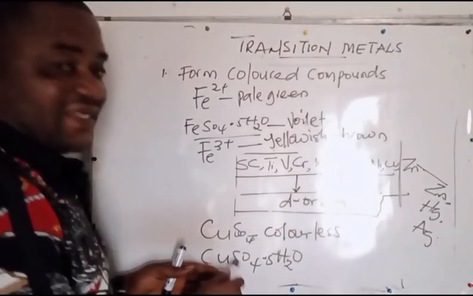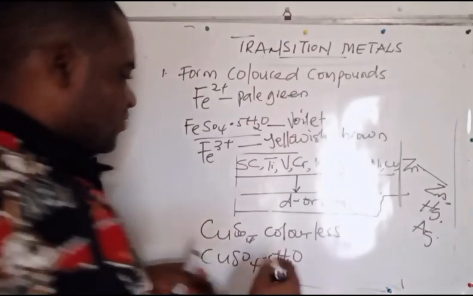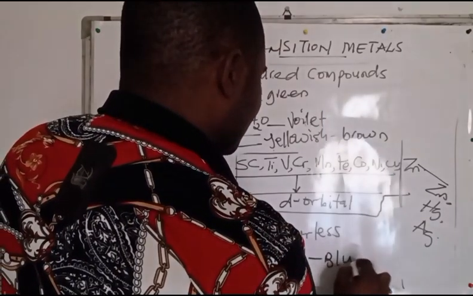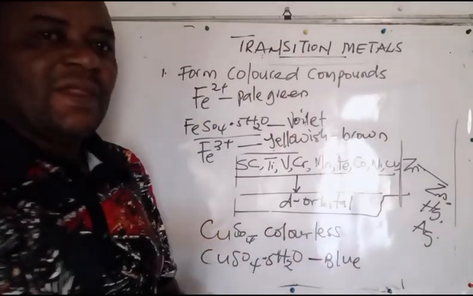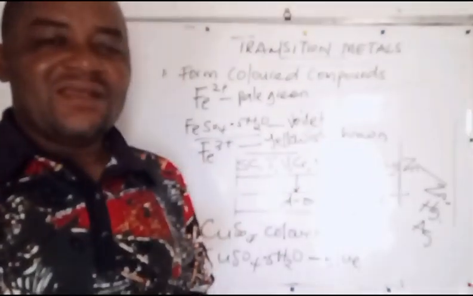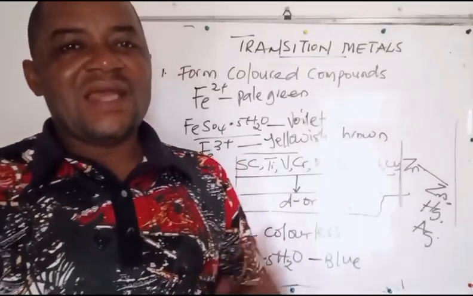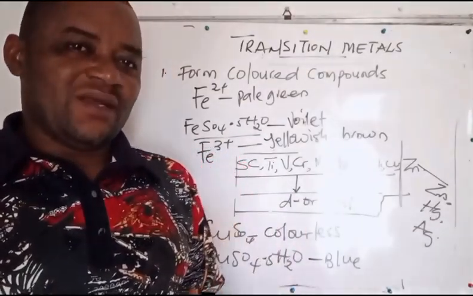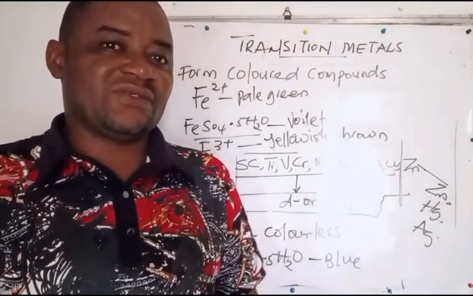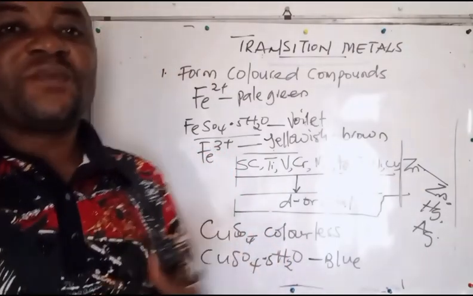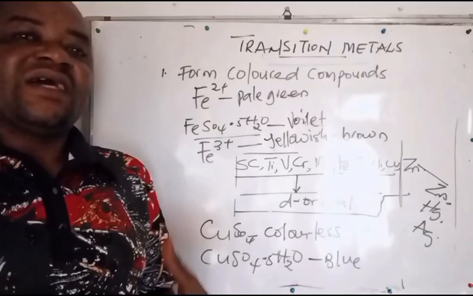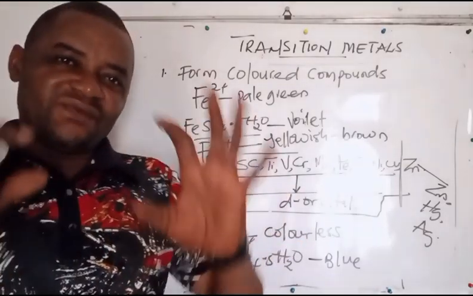If copper sulfate is hydrated, that is, in water, it will give you a blue color. So if you prepare any solution using copper sulfate in water, you will definitely have that solution giving you a beautiful blue color.